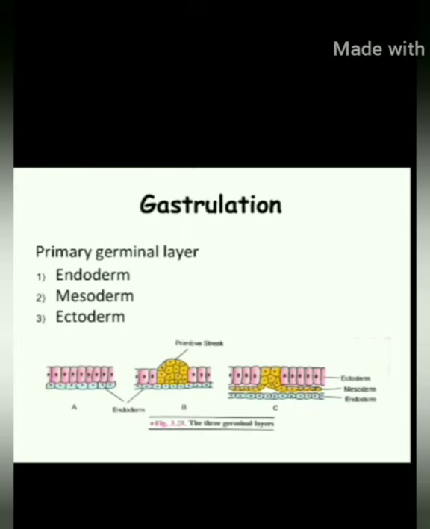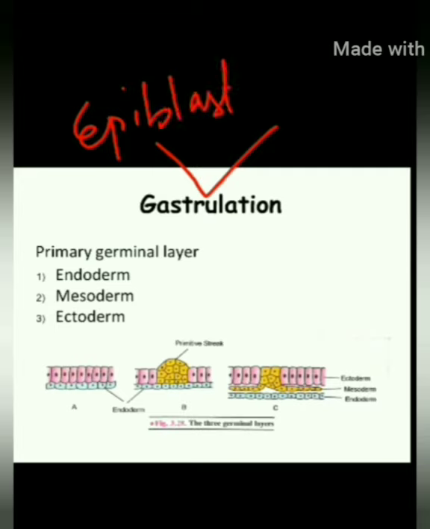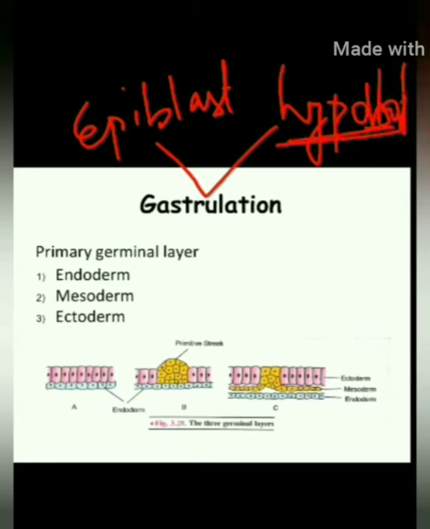Now after the implantation, what occurs next? As I told you, the inner cell mass is arranged into two layers, the epiblast and the hypoblast. The hypoblast makes the endoderm.